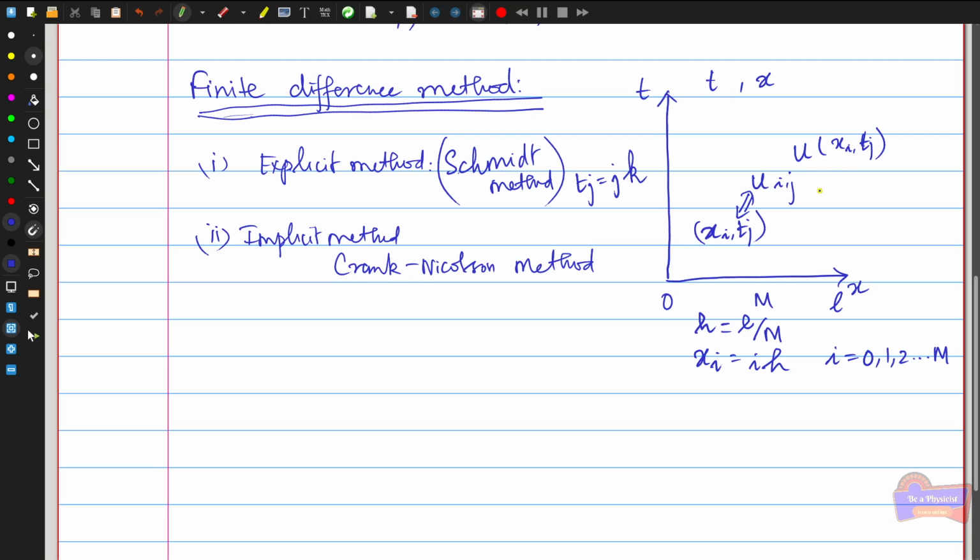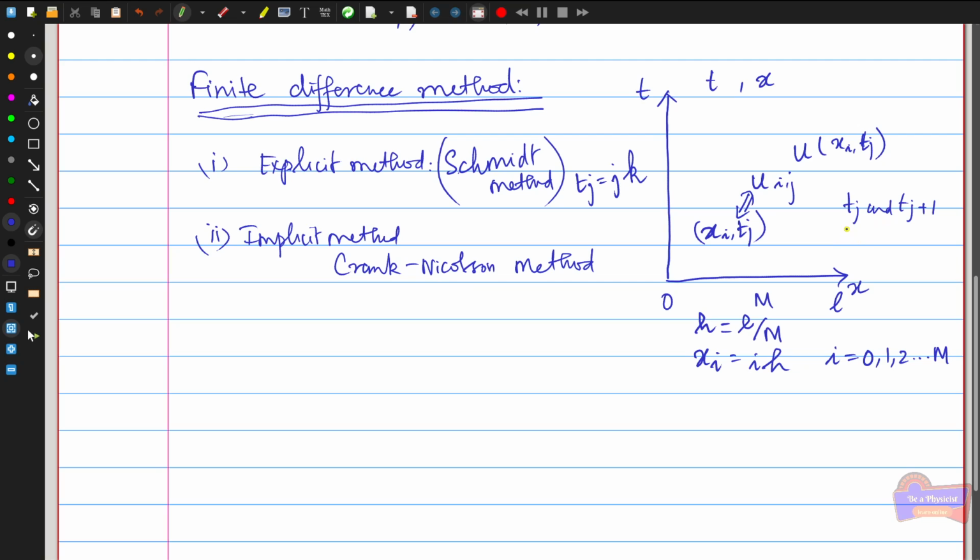Suppose you are using the implicit method and we use the nodal values on the two time intervals t j and t j plus 1, then the corresponding formula is called the two level formula.